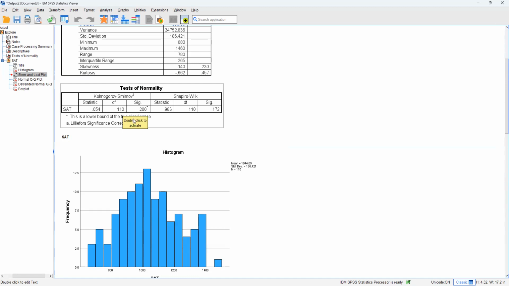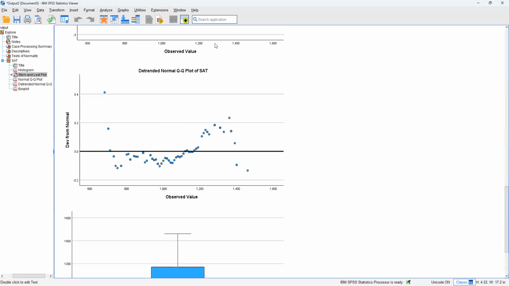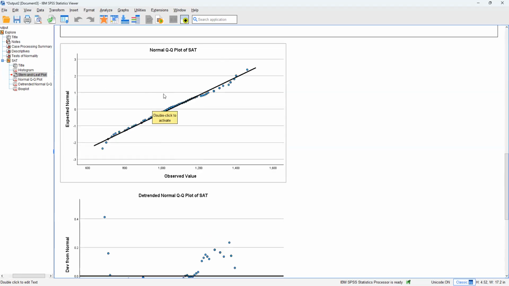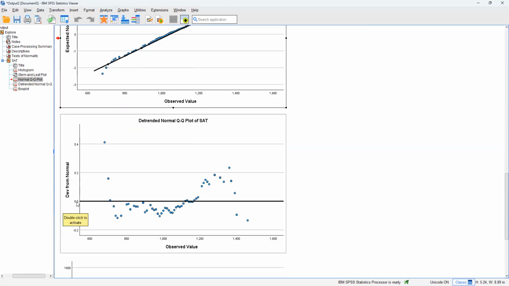So that's what I prefer to look at. This is a detrended version of this QQ plot. Here, this diagonal line is flattened out and put on a horizontal axis, and our observations lie above and below it.